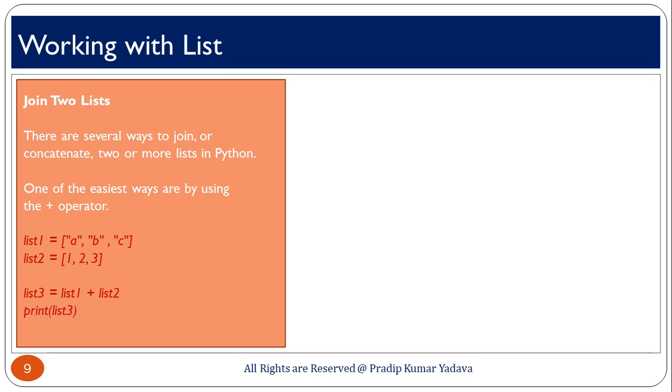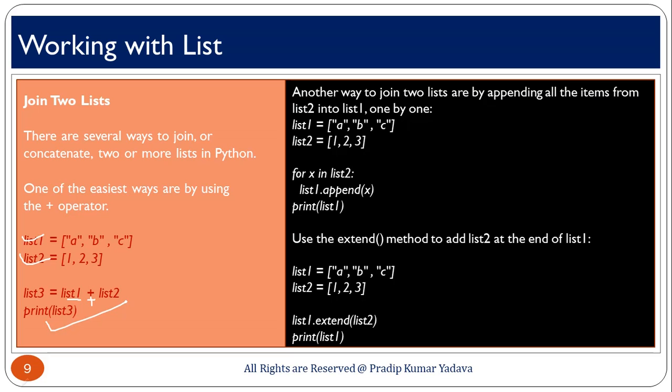Now, joining two lists. Suppose we have two lists. The first and easiest method is the plus operator, meaning the addition operator. This is list 1 and this is list 2, just pass list 1 plus list 2 and here we will get list 3. Second, we also have the append method. Here each and every item you can append by using the append method. And third, we have the extend method.